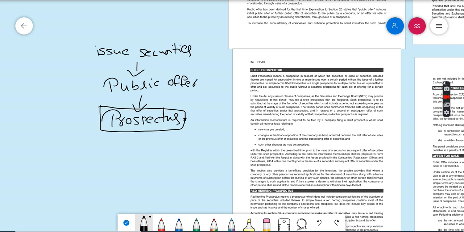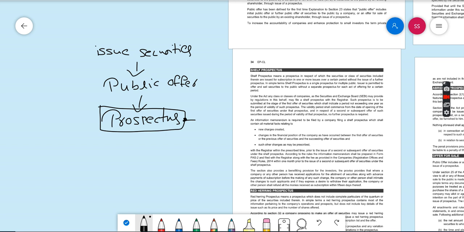Prospectus contains everything about the company. It contains the financial details and how much share capital they are raising, what is the share value, how many shares they are issuing, what kind of business they carry on, what kind of market position they have, who their competitors are. Everything about the company will be there in the prospectus, right?